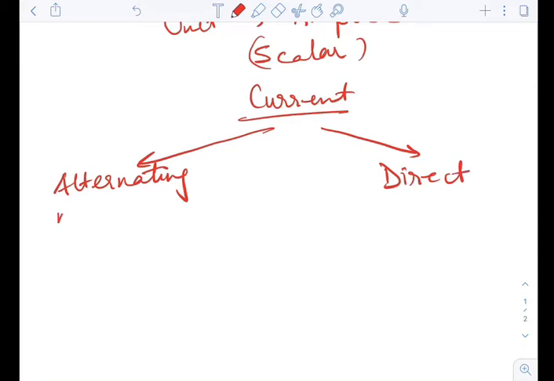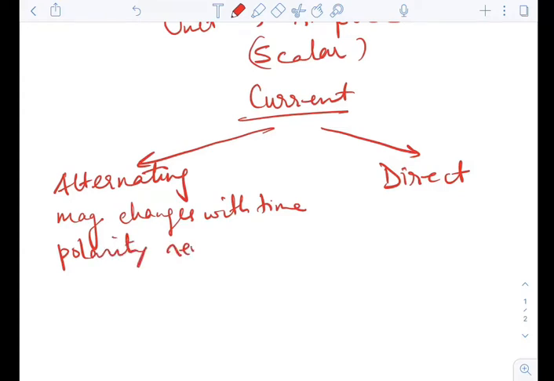Alternating current is the one whose magnitude changes with time and polarity reverses periodically.